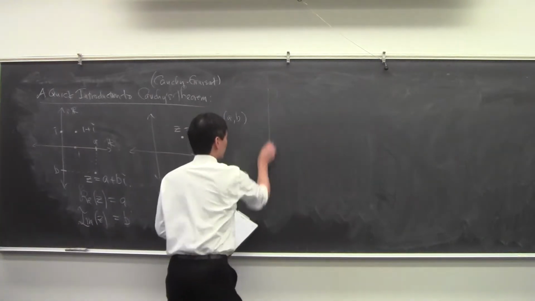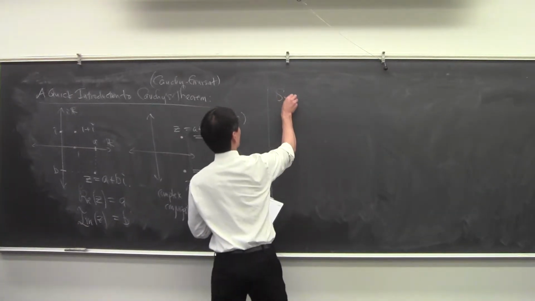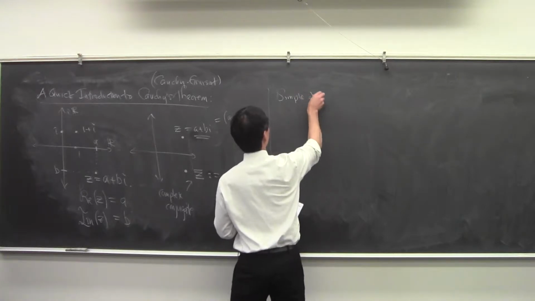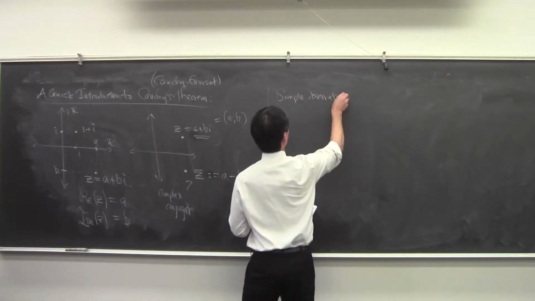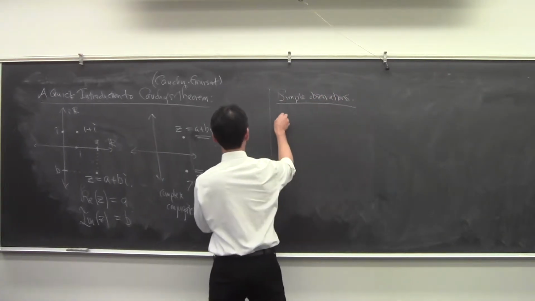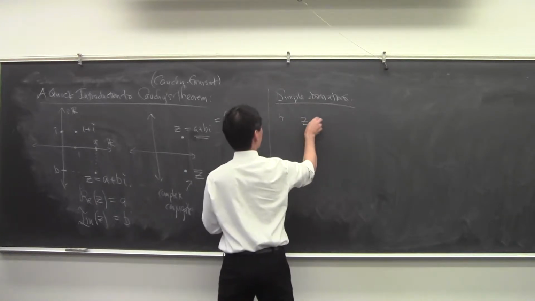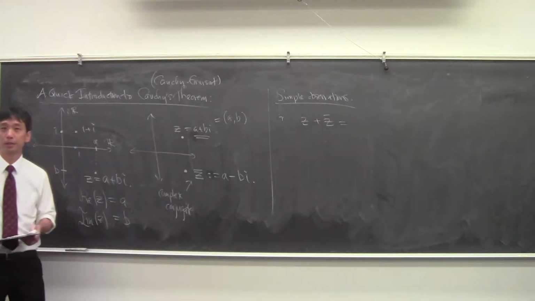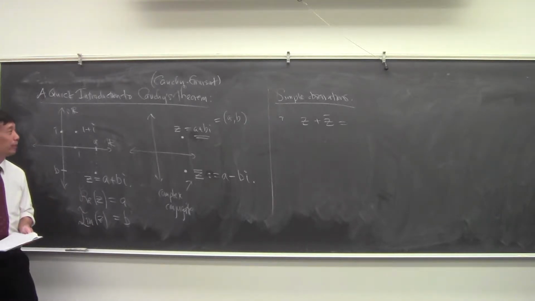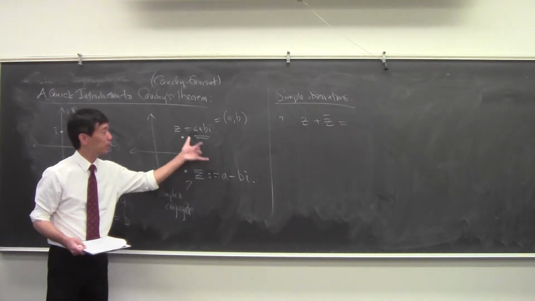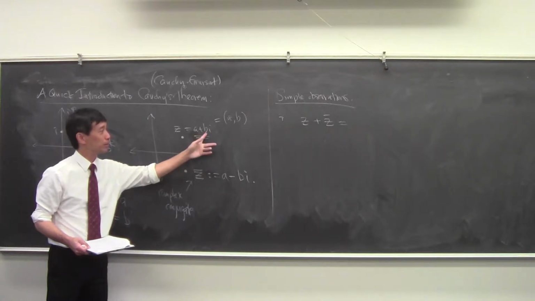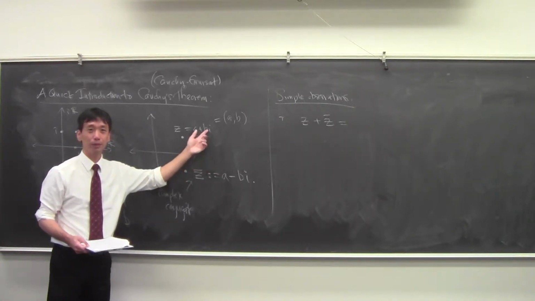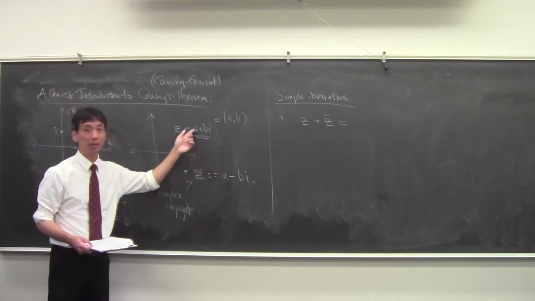Some simple observations. First, what happens if I take z plus its complex conjugate? If I take z and add to it its complex conjugate, the imaginary parts will cancel off, and you end up with twice a.